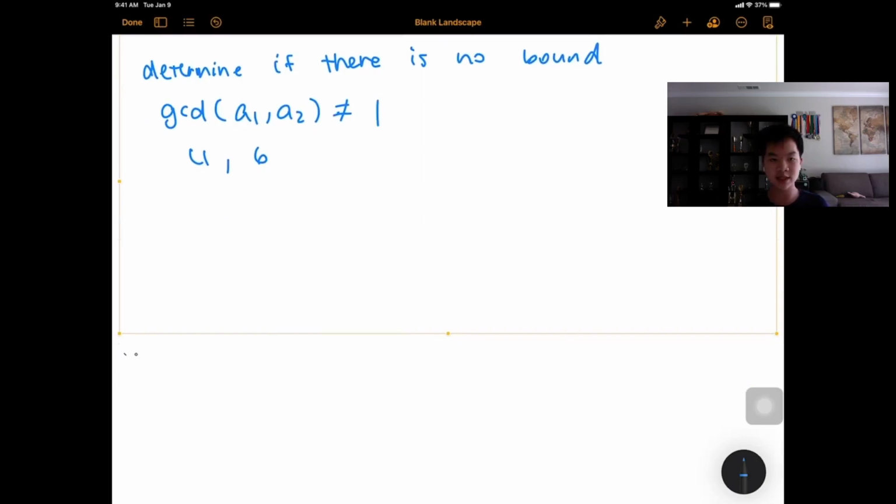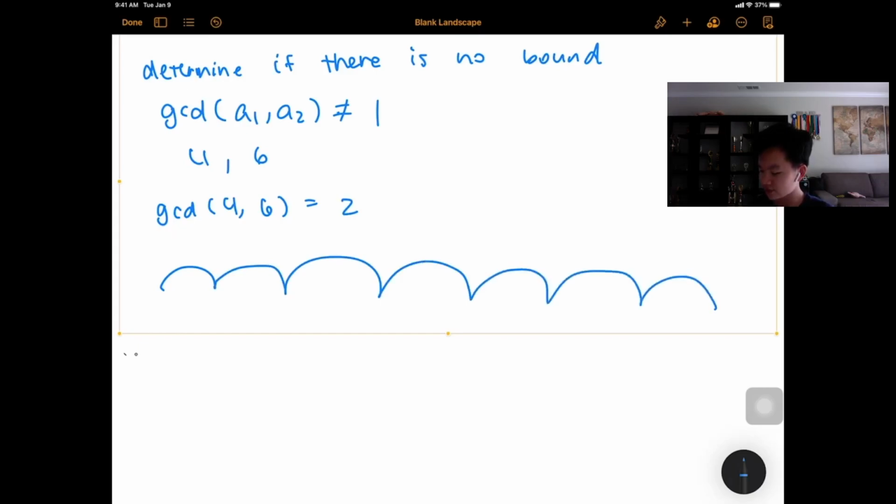In this case, it's pretty obvious that you cannot make any odd amount, so let me try to prove this. Right now you have your GCD of 4 and 6 equal to 2. This means that you can basically only make jumps of 2.